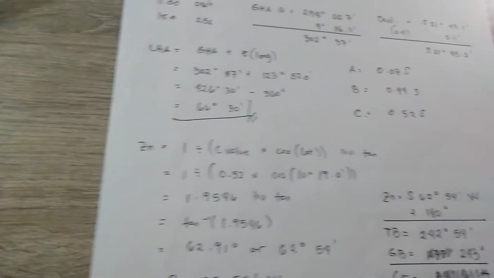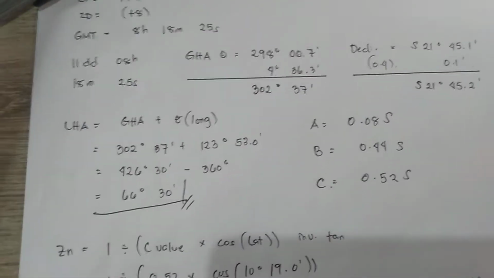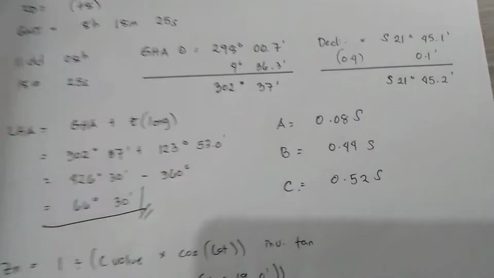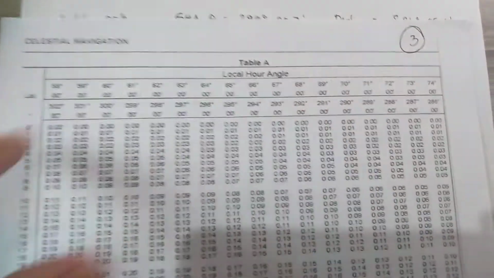Now we're going to use the ABC tables to get the Sun's true bearing and the gyro compass error. For A, we're going to use the LHA and the latitude.